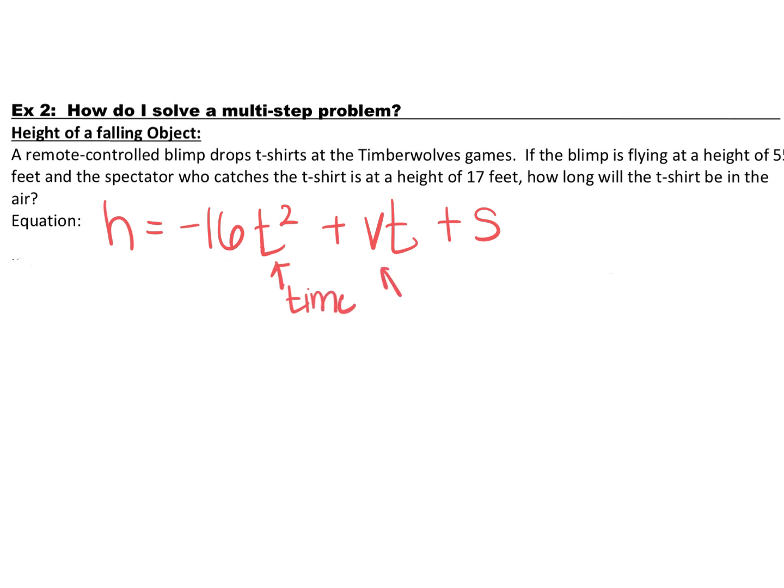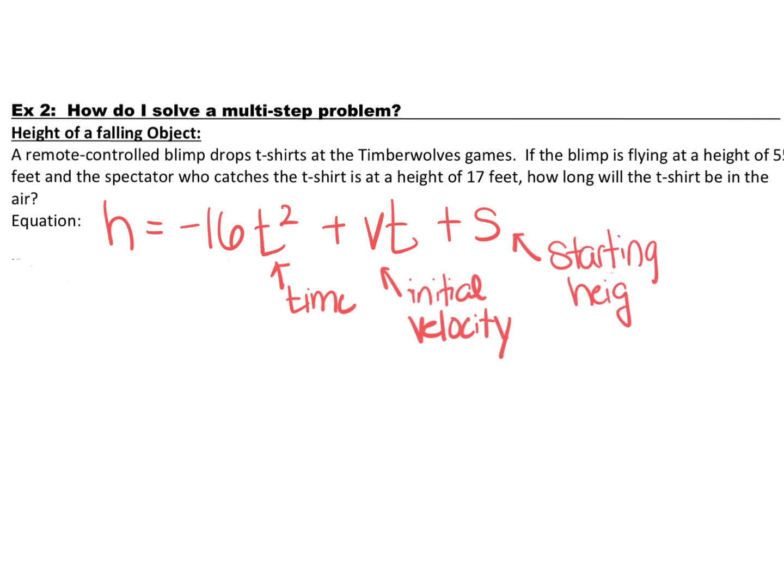The v is going to represent the vertical velocity, or the initial velocity. The s is our starting height. And then the h represents our ending height.